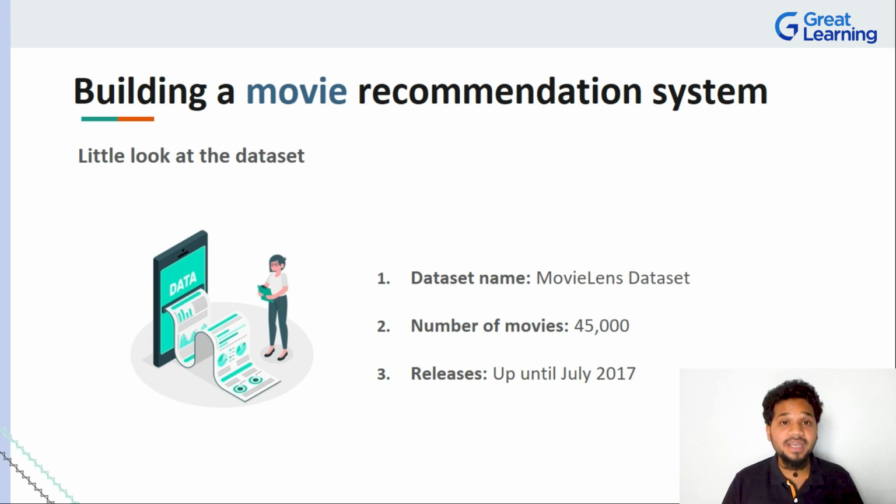It's available for free, all over the internet. It's called the MovieLens data set. It contains somewhere around 45,000 movies. There is no language barrier. It contains movies from multiple different languages, and it has all the metadata of 45,000 movies. Now, if you're curious about what metadata is, I'm going to show this practically.